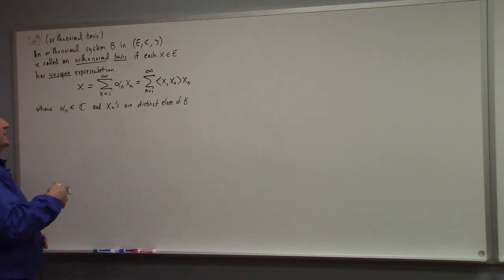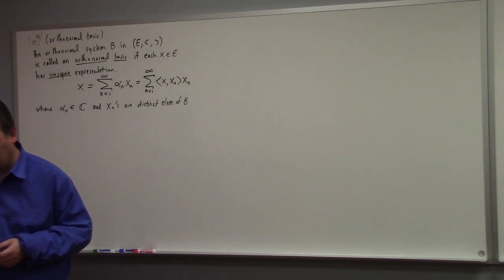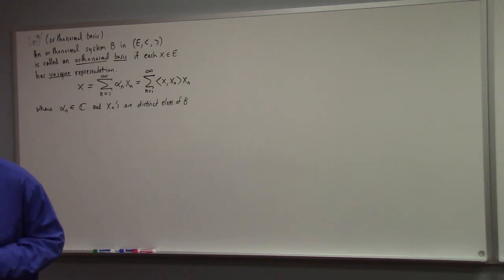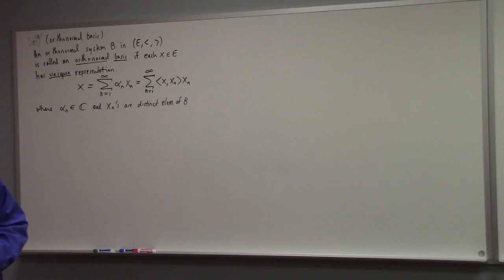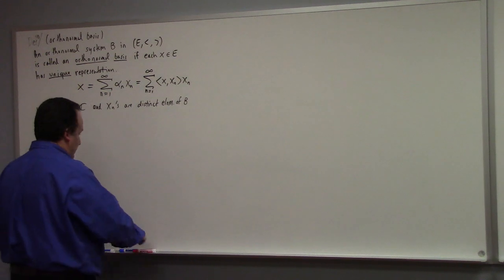So the ability to write x equals the summation of the inner product of x with xn times xn, from n equals 1 to infinity. If you can do that for every x in the space, then the orthonormal sequence xn is said to be complete. So this is completeness for an orthonormal sequence.